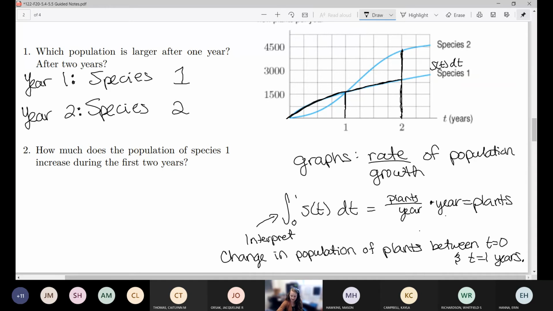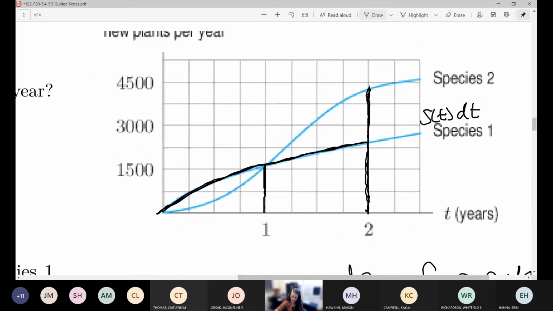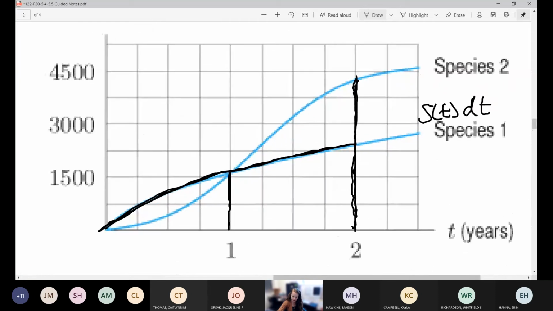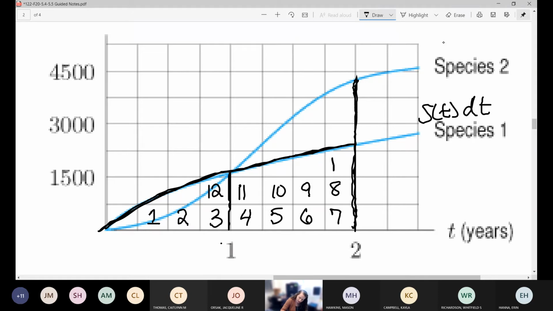I know the counting boxes can get a little tedious, and there's a lot of boxes in this one. But I'll zoom in a little bit, and let's just do our best. So let's get approximately full boxes first. I know it's not quite one full box there, but for our sanity, let's say that's one box. A second one, a third one, a fourth, a fifth, a sixth, a seventh, 8, 9, 10, 11. Let's call that a 12th one, 13.